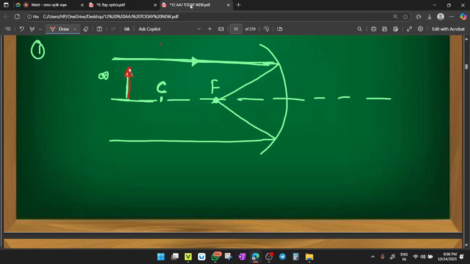Okay, first see with the red color only: the ray coming parallel to the principal axis passes through the focus. Clear or not? That is the first ray. The second ray, passing through the center of curvature, retraces its same path, and you will have an image like this. Check here, this is A and this is B, and this is the reflected ray meeting here. So this point is B dash as it is a point, and this is A dash. Clear?